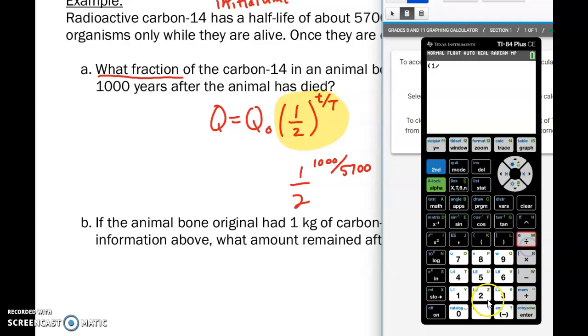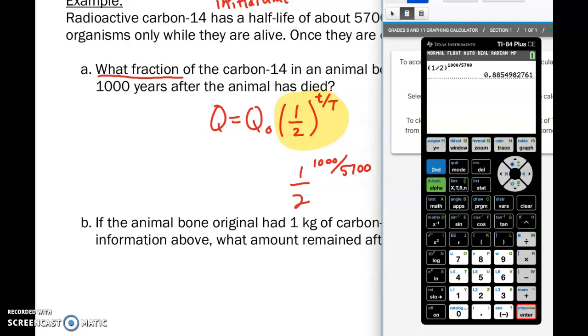I'm going to put in 1/2, use the caret symbol, and then if you have the superscript with the flashing cursor, you can just type in 1,000 divided by 5,700. If your calculator displays it differently with the caret symbol, then you have to surround the numerator with parentheses. I get 0.885, rounding to the thousandth place.